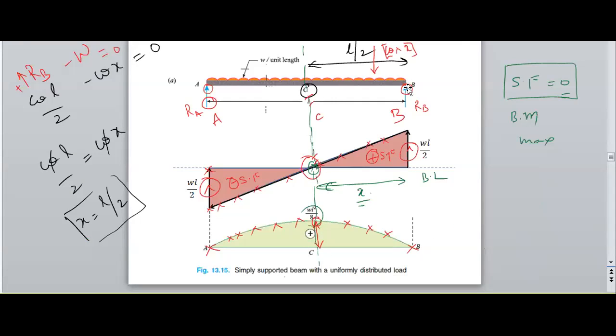And substituting x is equal to L, that is at A, I again get the bending moment as 0.